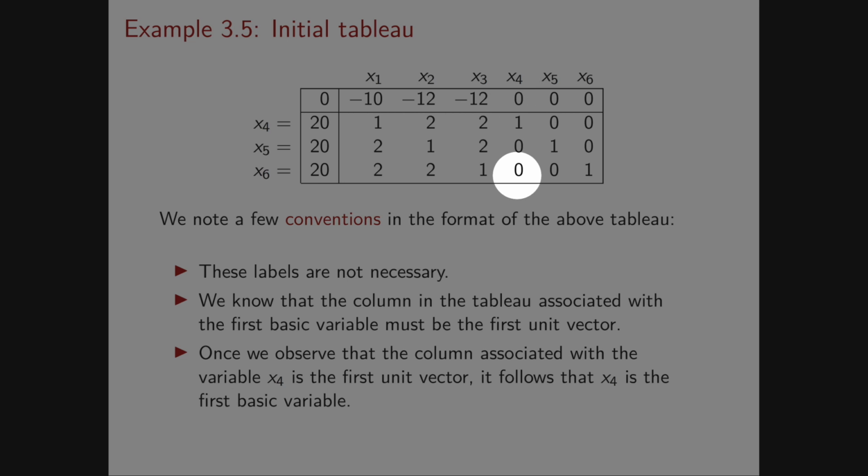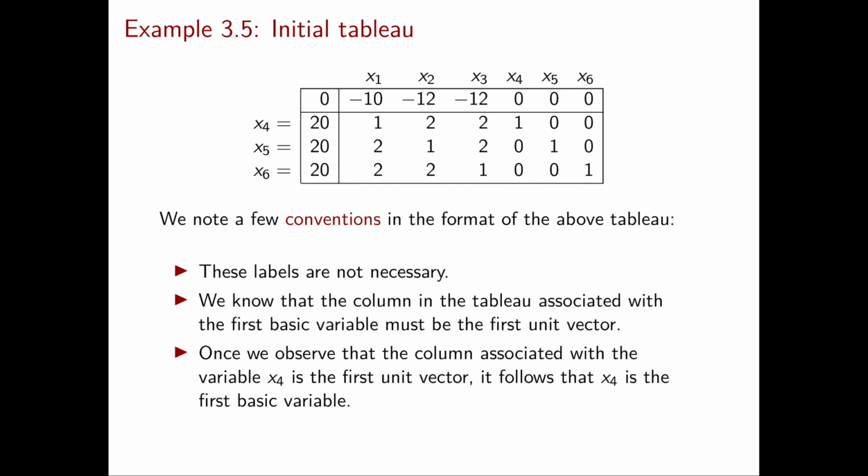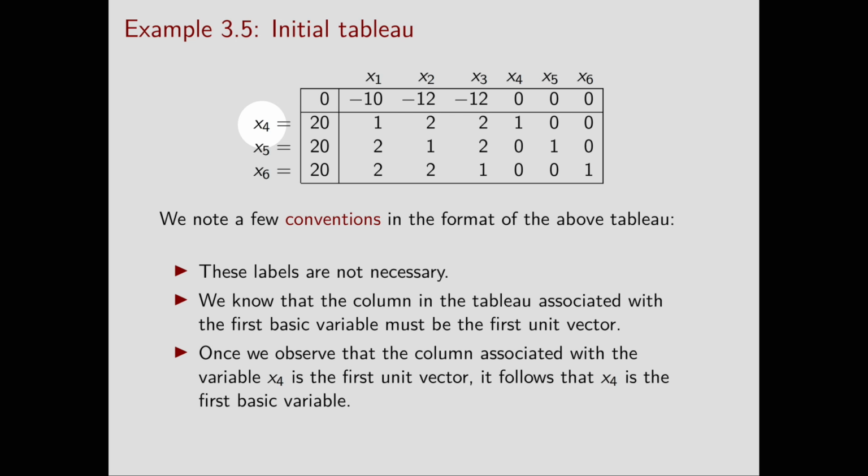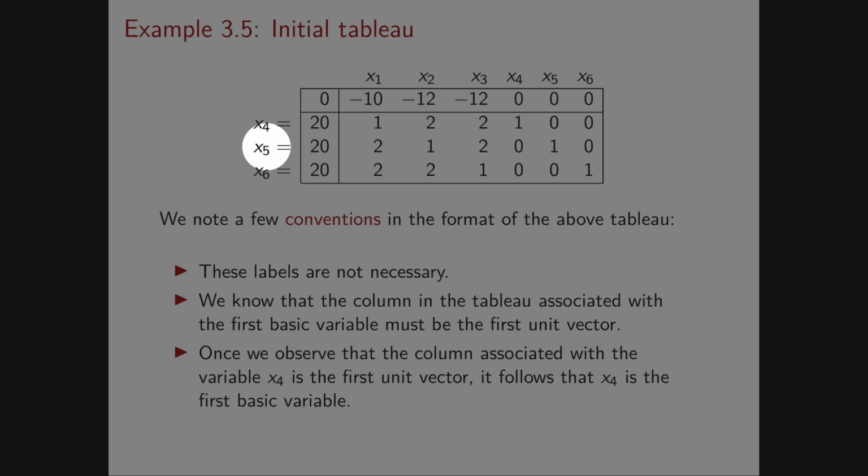And in fact here we have the first unit vector. Therefore I could have just found this unit vector in my tableau. Now this is the column corresponding to x4, and so I look at the row where the 1 is, and correspondingly I will write x4 here. Similarly, the second basic variable corresponds to the second unit vector.